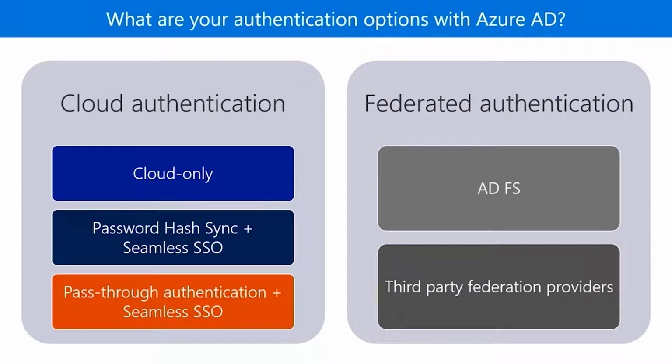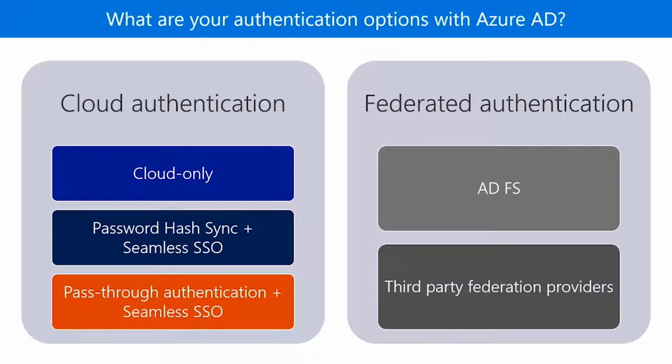The next two options are federated authentication. It can be either using Microsoft's ADFS or third-party compatible federation providers. In this case, Azure AD actually hands off the authentication to a trusted authentication system to handle all of the authentication.